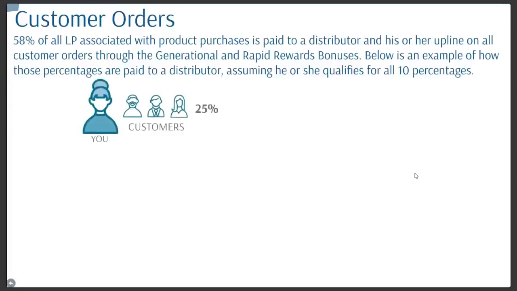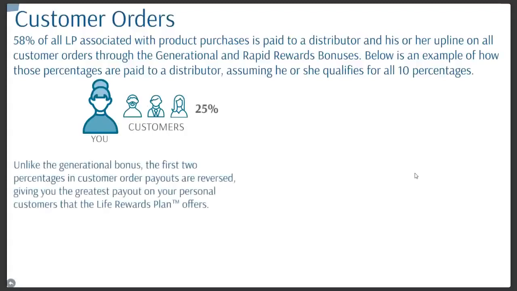So here we have you and some customers that are ordering on your My4Life website or that are legacy customers, right? You're going to get 25% on all of their product purchases as long as you've met your 100 PV requirement for that month. So unlike the generational bonus, those first two percentages are actually switched with customer orders.